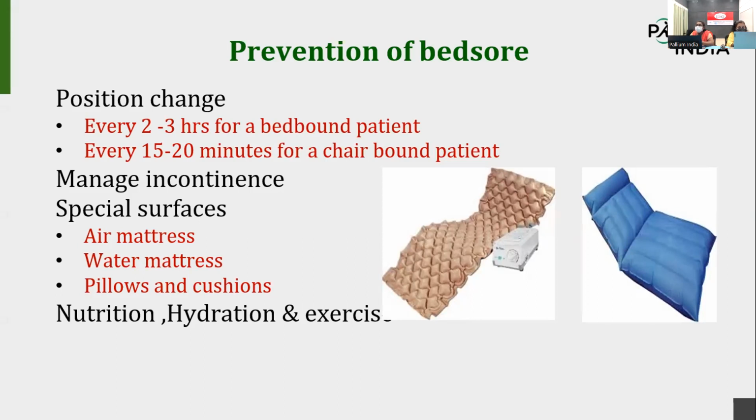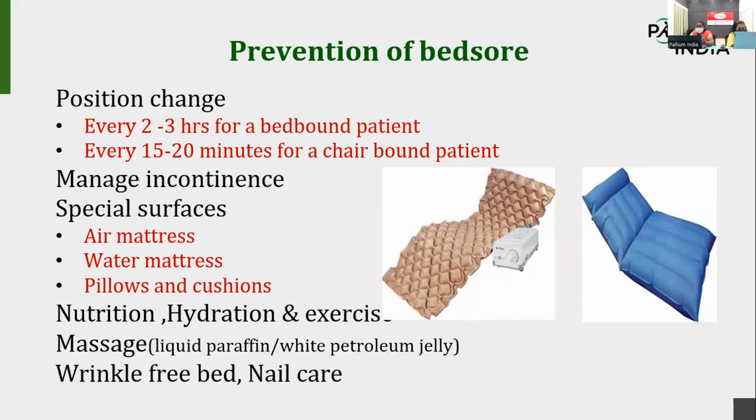Always educate the patient to make sure they take adequate protein in their diet, because lack of protein intake can cause pressure ulcers. Talk to them about hydration also. And exercise: if they exercise, we can improve circulation and prevent pressure ulcers.